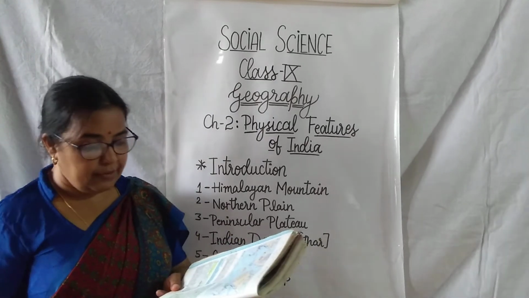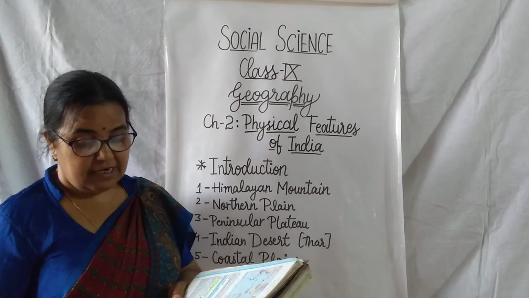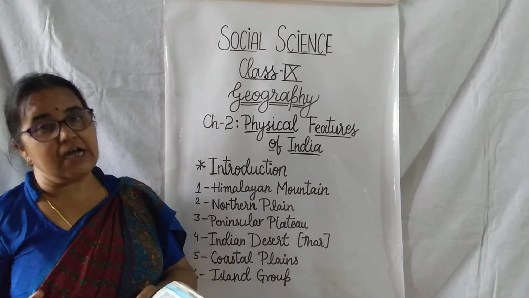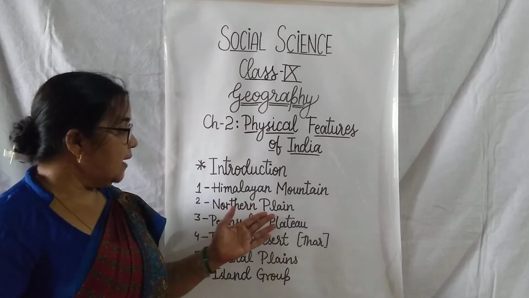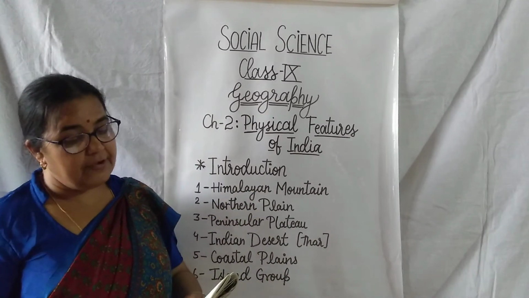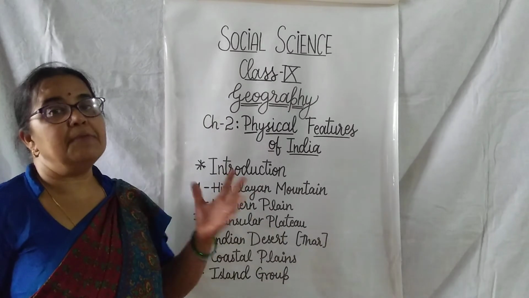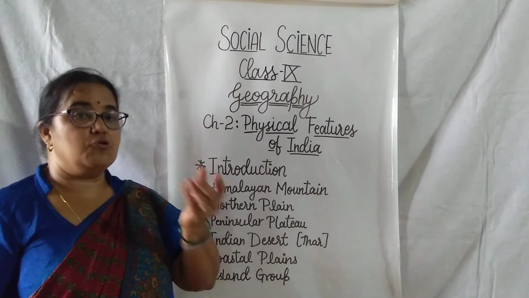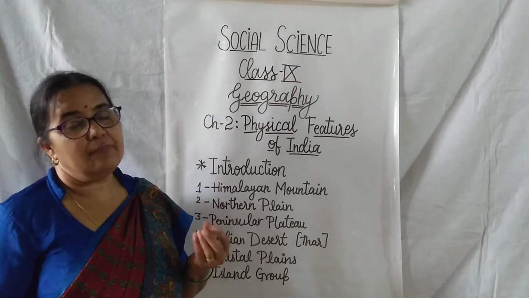And this Himalaya mountain has high peaks, deep valleys, and very fast flowing rivers. Whereas the northern plain is formed by the alluvial deposits which come by the different rivers. The Peninsula Plateau was made by the oldest rocks, igneous and metamorphic rocks.